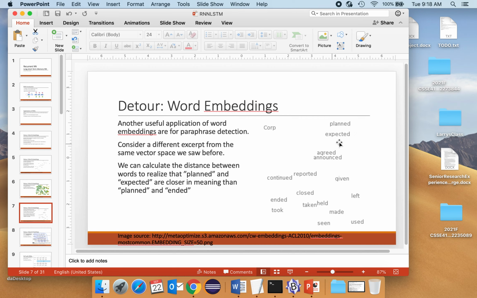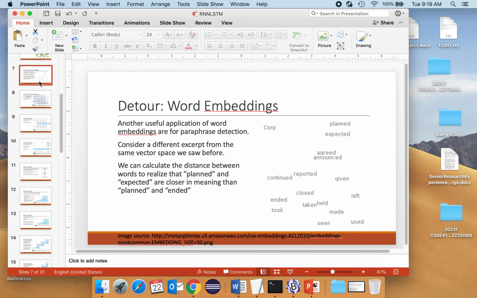Based on the fact that they're very close in the vector space, you might reasonably infer that these are very close in meaning. As opposed to, say, planned and ended, which are a little bit further away, so probably not as close. So that's another direct application of the word embeddings.